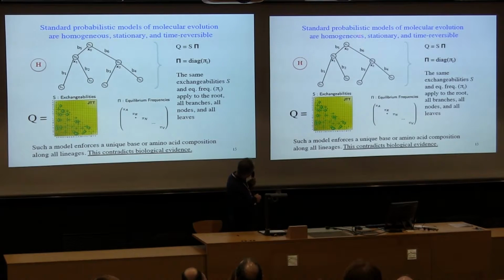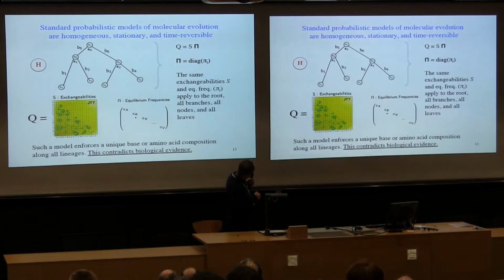So molecular evolution is modeled in a very precise framework now. It is a probabilistic framework that describes the evolution of an ancestral molecule along a tree through a succession of speciations that represent divergent nodes in the tree. So we have nodes that are ancestral species, and we have the extant species at the tips of the tree.